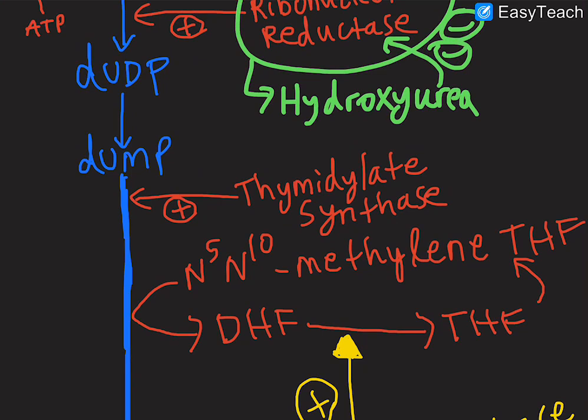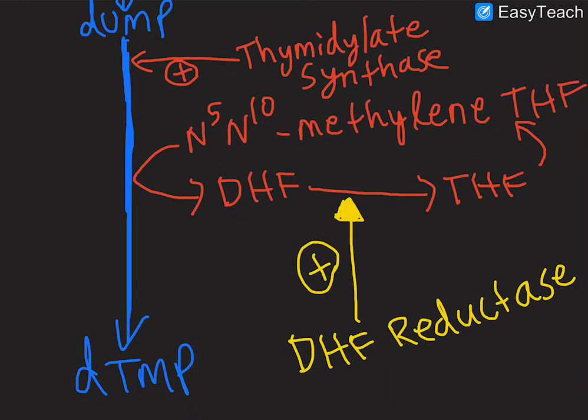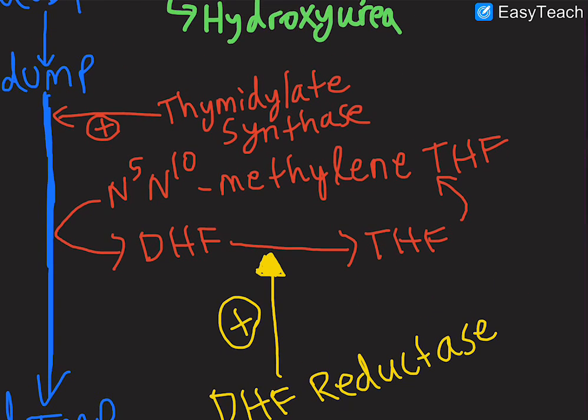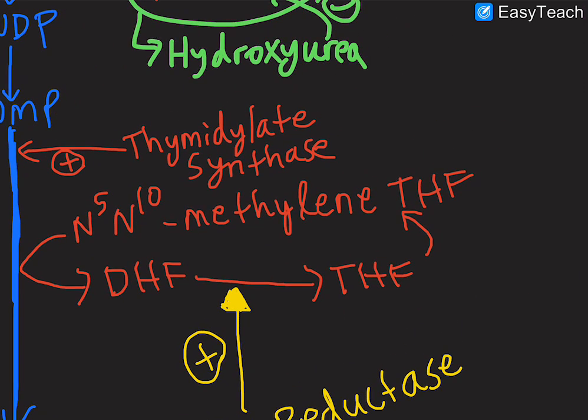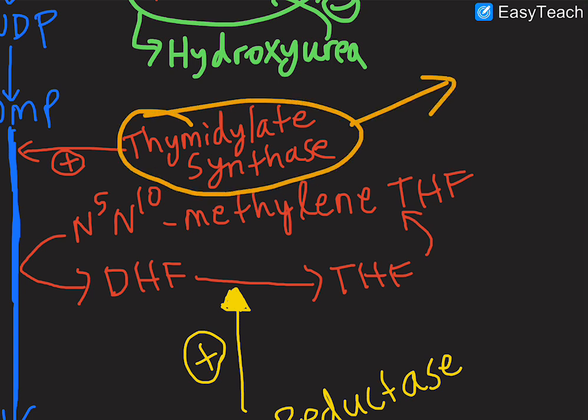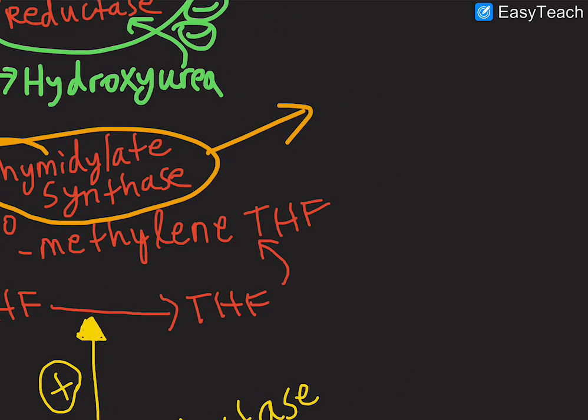So after we make deoxyuridine diphosphate, we make deoxyuridine monophosphate. Okay? So then remember, from deoxyuridine monophosphate, we went ahead and made deoxythymidine monophosphate via the help of thymidylate synthase. So we're going to go ahead and circle thymidylate synthase because this is another enzyme that we should pay particular attention to, because we have a drug that inhibits this enzyme.